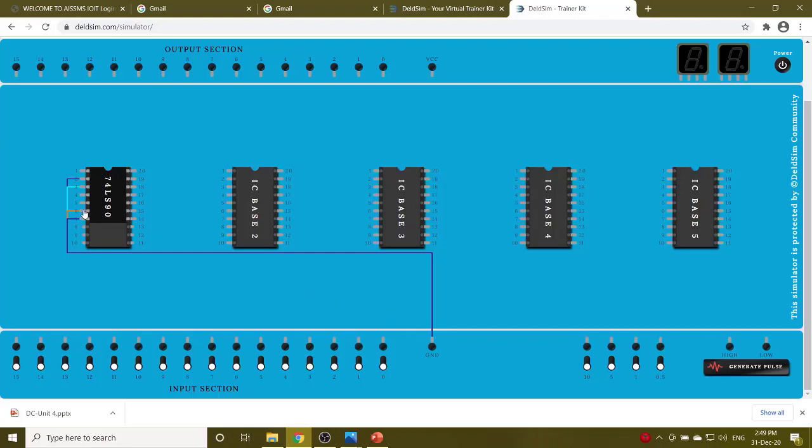Pin number 5 is VCC. Pin number 10 is ground.